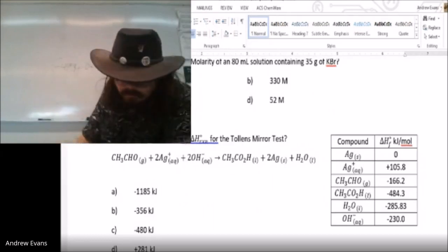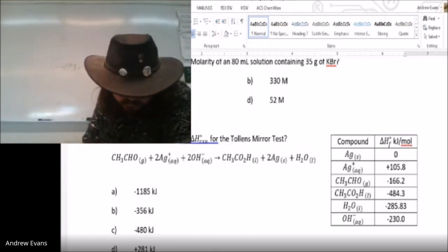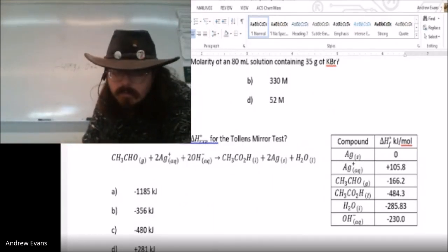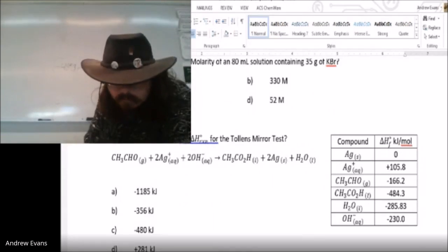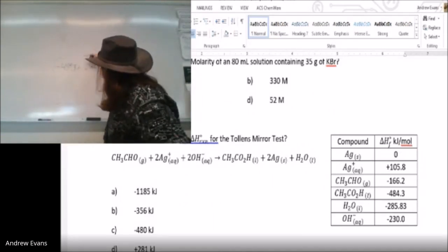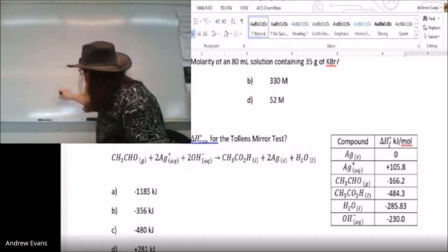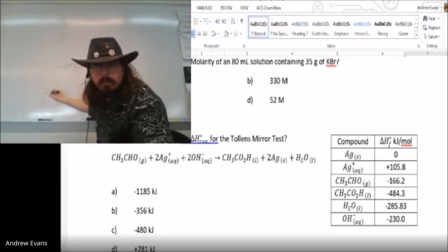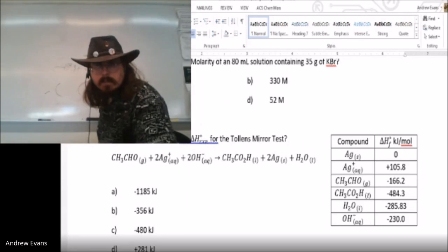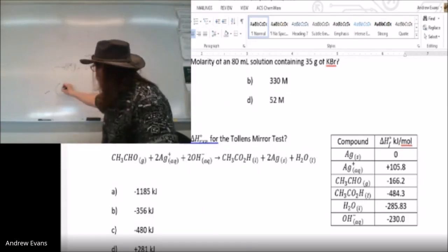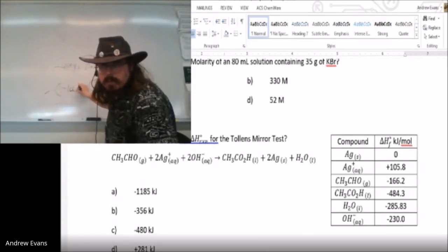So on the product side, we have a total of negative 770.13. On the reactant side, we have ethanal, essentially an aldehyde, of negative 166.2.